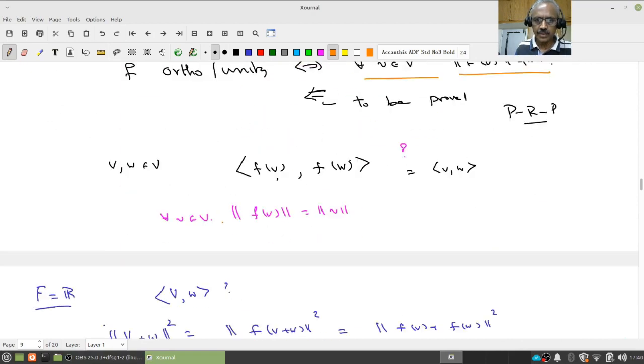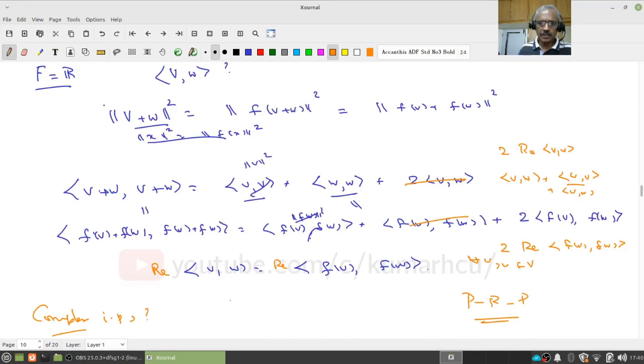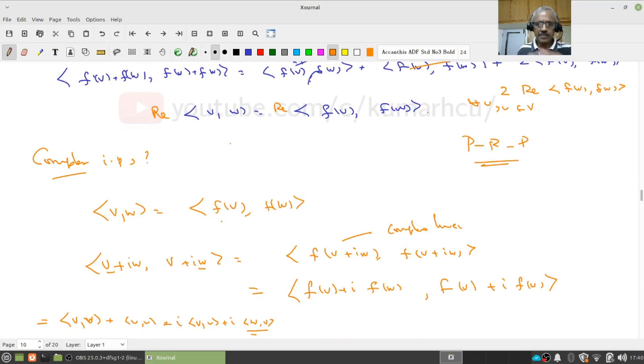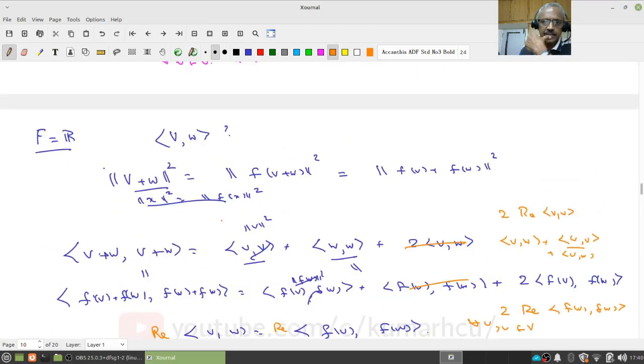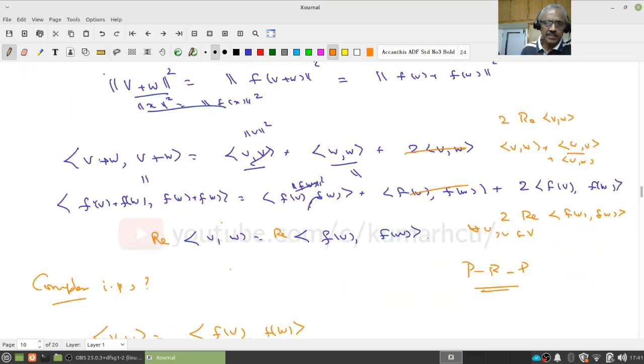Okay, so I forgot. For a complex inner product space, how will I prove that? Here you take the inner product of V, W; therefore the norm of V plus W squared is the inner product of V plus W with V plus W, but that is the same as the inner product of FV plus FW with FV plus FW. Why is that? Because F is linear. So equating them, you get the inner product of V, W equal to the inner product of FV, FW in the real case.